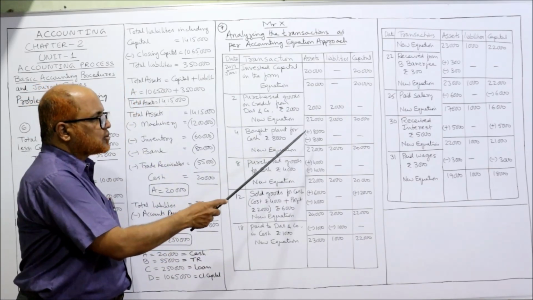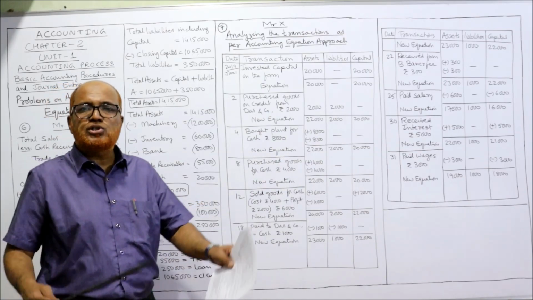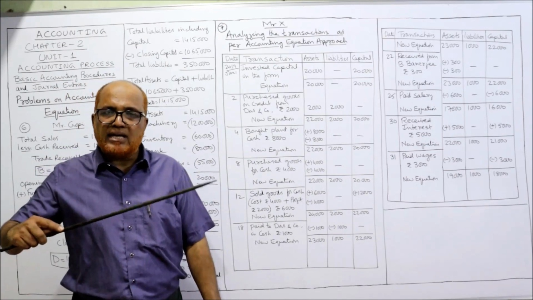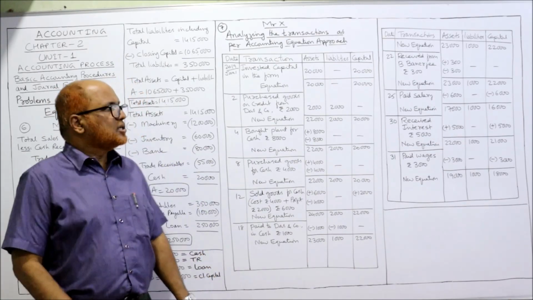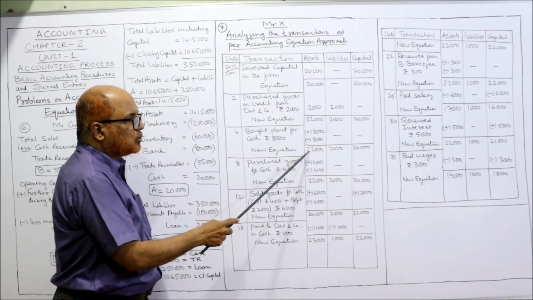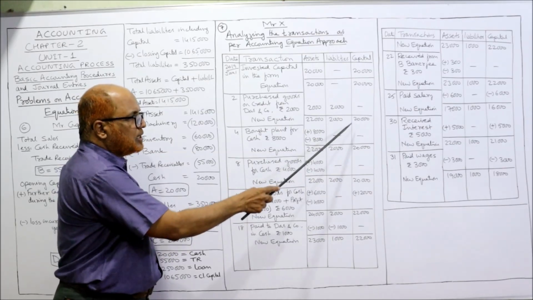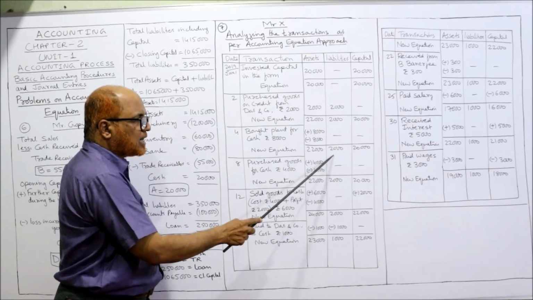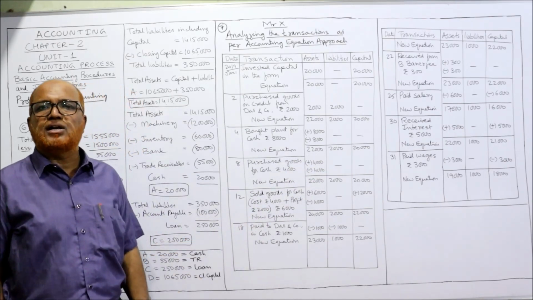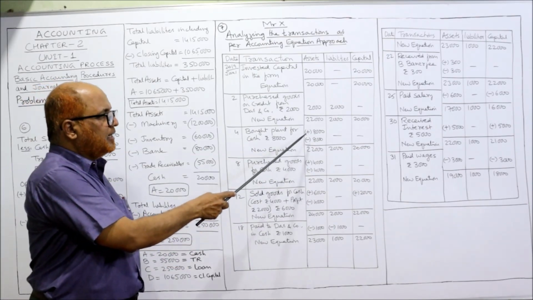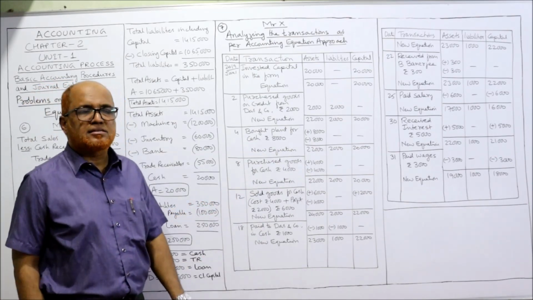Plus 8,000 denotes plant is coming in, and minus 8,000 cash is going out. So 22,000 plus 8,000 minus 8,000, 22,000 same. Here 2,000, here 20,000. Again, assets is equal to liabilities plus capital. Accounting equation satisfied. The effect will be one asset increases, the other asset decreases.